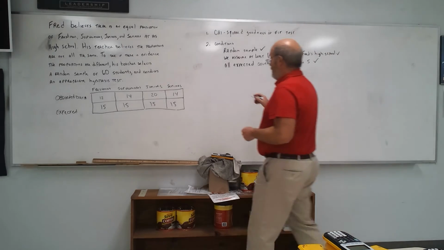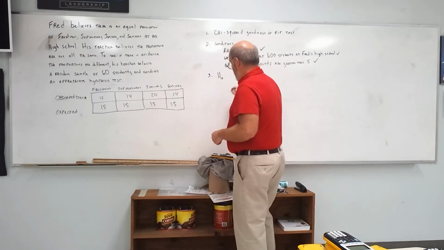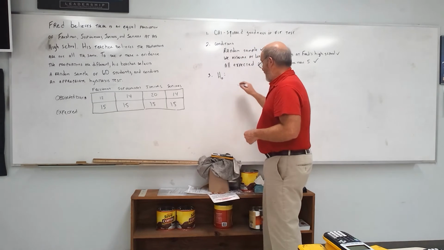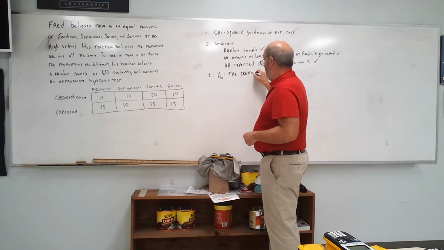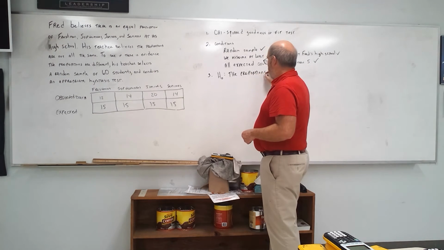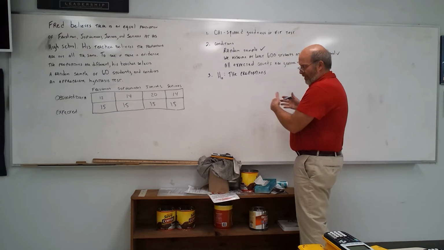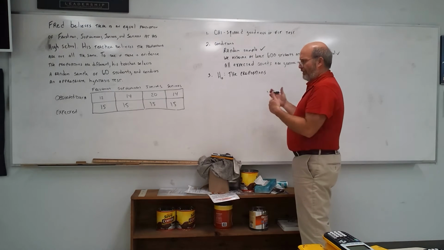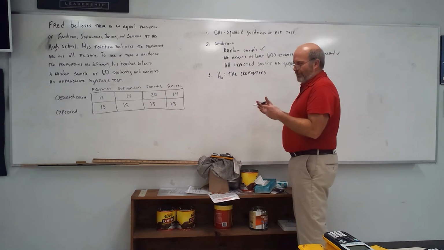Next, we're going to write our hypotheses. Our null hypothesis here is that the proportions, remember this is in context now, and different in words. You could list this out as P freshmen, P sophomores, P juniors, P seniors, all equal to 0.25. But most of our chi-square tests will be written out in words.